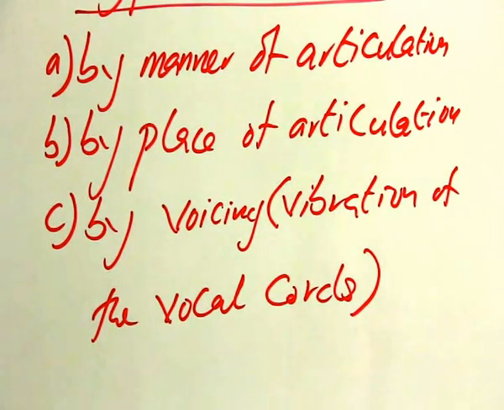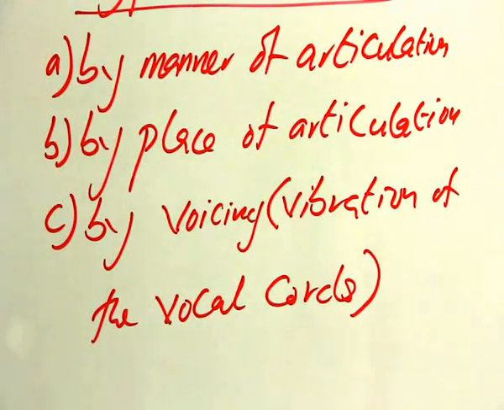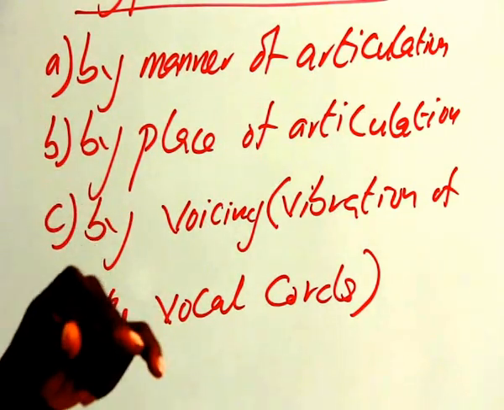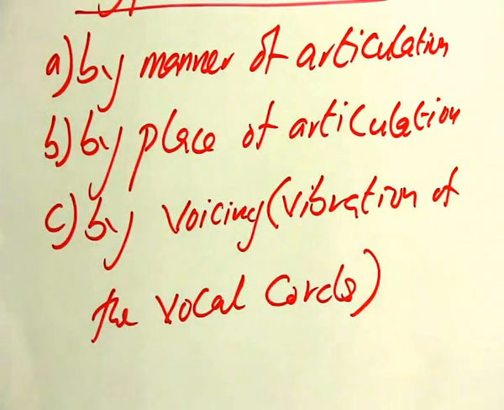And at the end, we'll be able to give a name to a particular sound. By the time we put these three together, we can call a name. So if I tell somebody who knows consonants, and I say, well, that voiceless bilabial plosive is not well articulated, that person knows the sound I'm referring to.